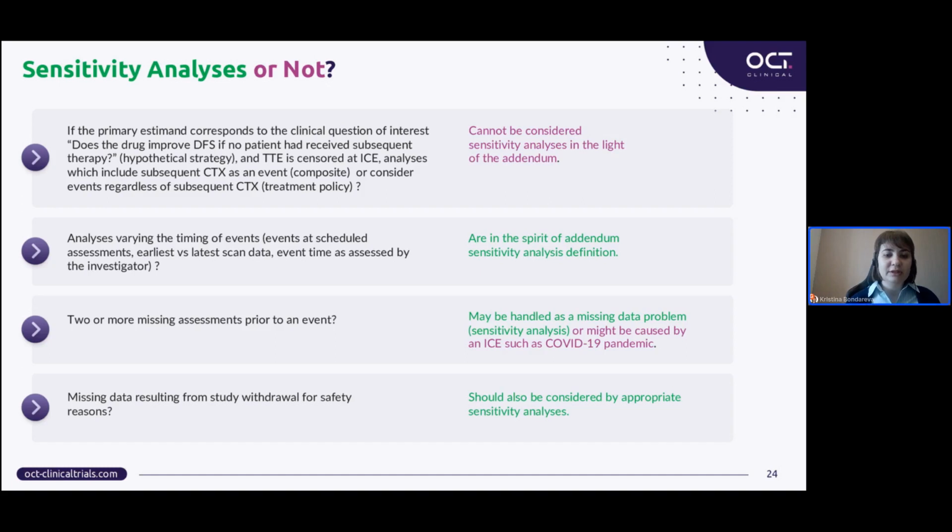It could be treated as a missing data problem and addressed by sensitivity analysis, or missing assessments could be caused by an underlying intercurrent event such as the COVID-19 pandemic, and in this case it should be taken into account in the estimand definition. Finally, missing data resulting from study withdrawal for safety reasons should also be considered by appropriate sensitivity analysis.